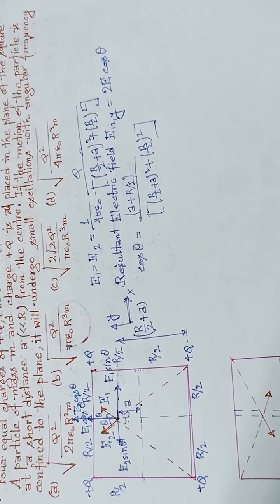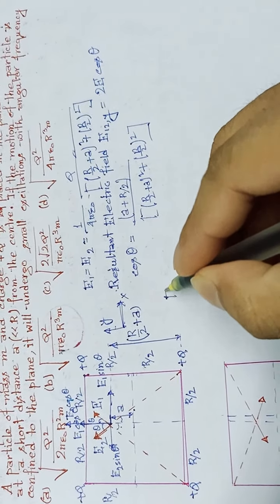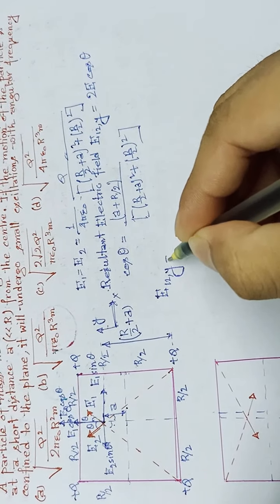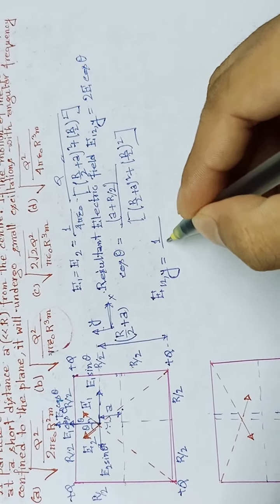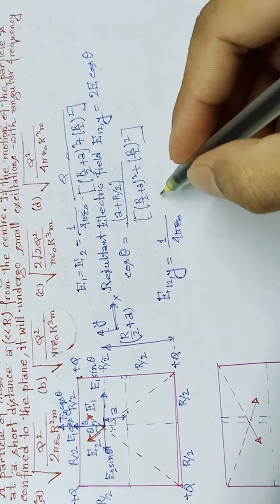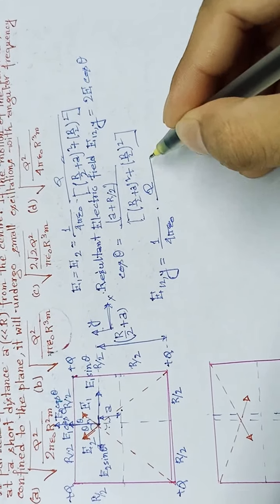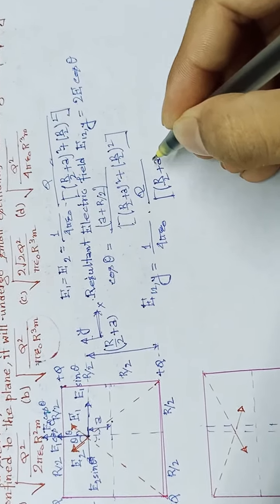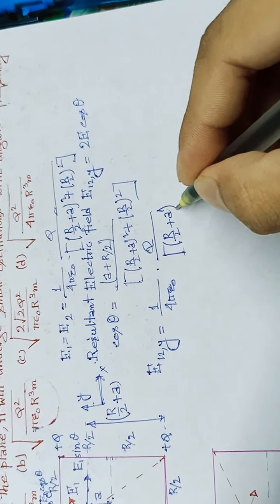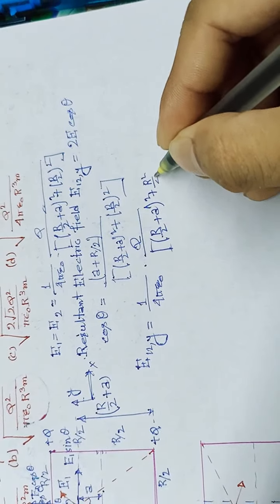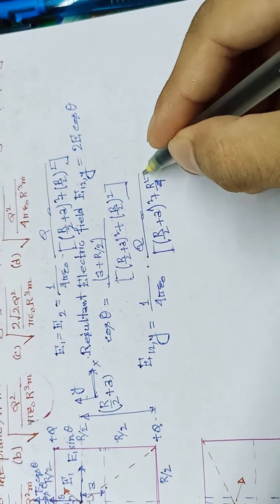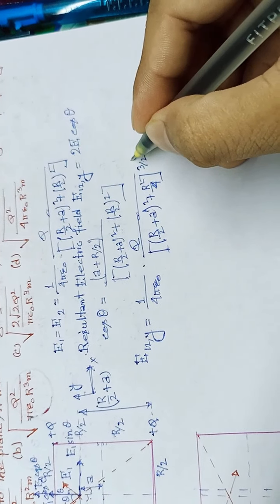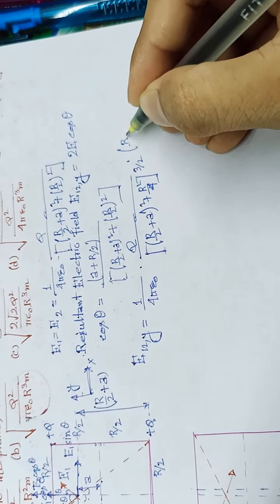Therefore our resultant field will be equal to 1 divided by 4 pi epsilon naught into q divided by [(r divided by 2 plus a) square plus r square divided by 4] to the power 3 by 2, and in the numerator there will be a term r divided by 2 plus a.